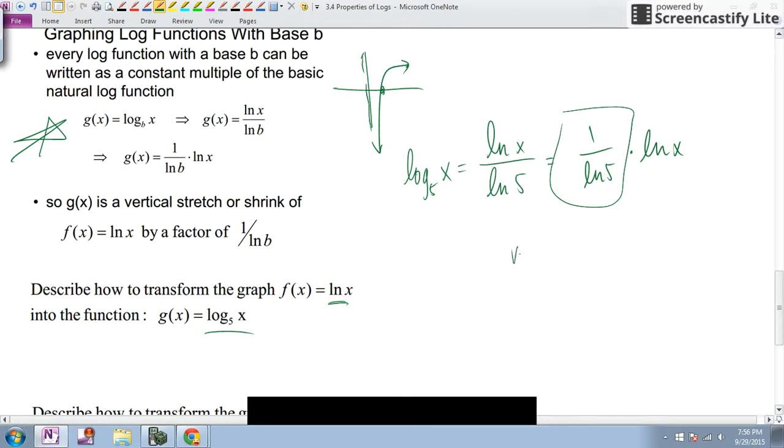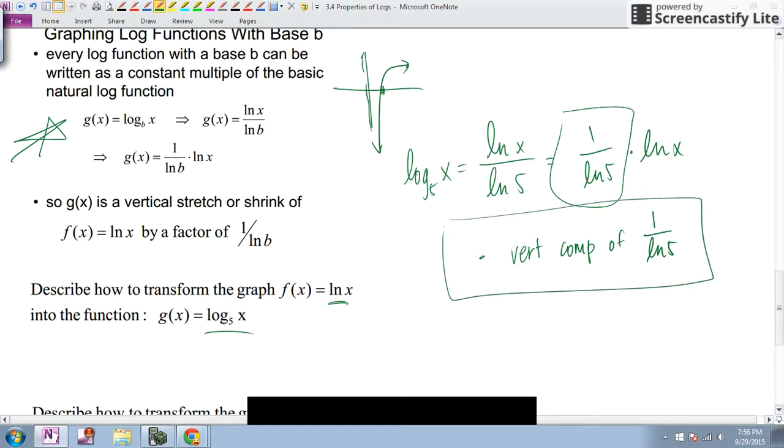So this is a vertical compression of 1 over ln of 5. So on a natural log graph, if you took a natural log graph and you added this compression, you would definitely have our beautiful answer. Isn't that great? So you can compare it to any natural log graph, no matter what the log's base is.